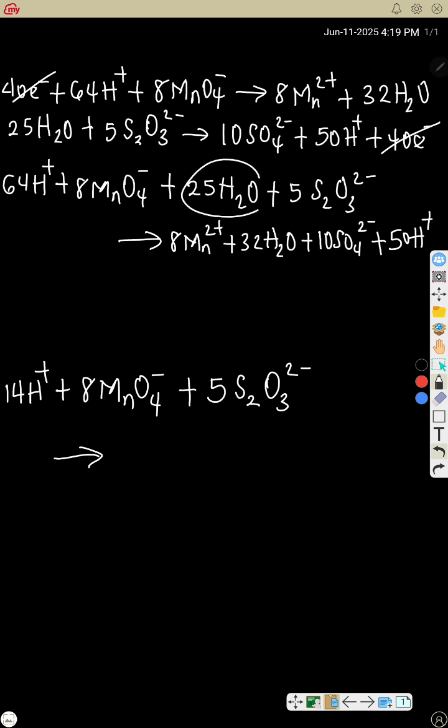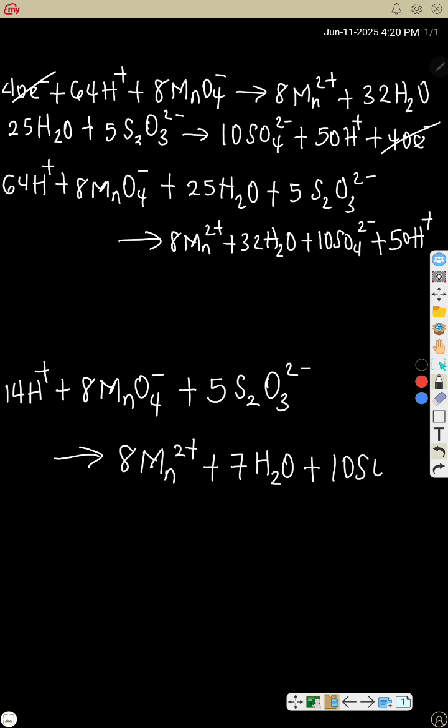So I've removed this 25 because I've taken it to this side. So 32 minus 25 is 7. So this is 8 Mn 2 plus 7 H2O plus 10 SO4 2 minus. So this 50 is already here, like 64 minus 50, that's 14.